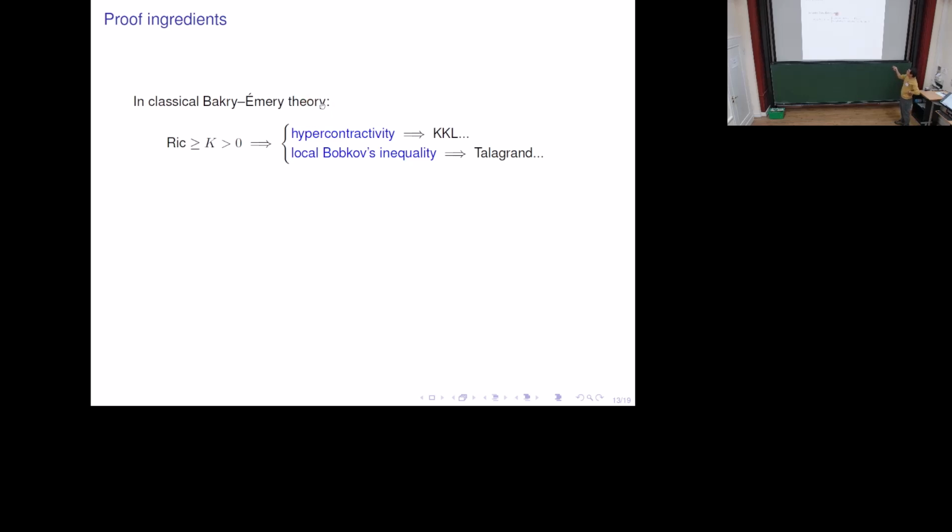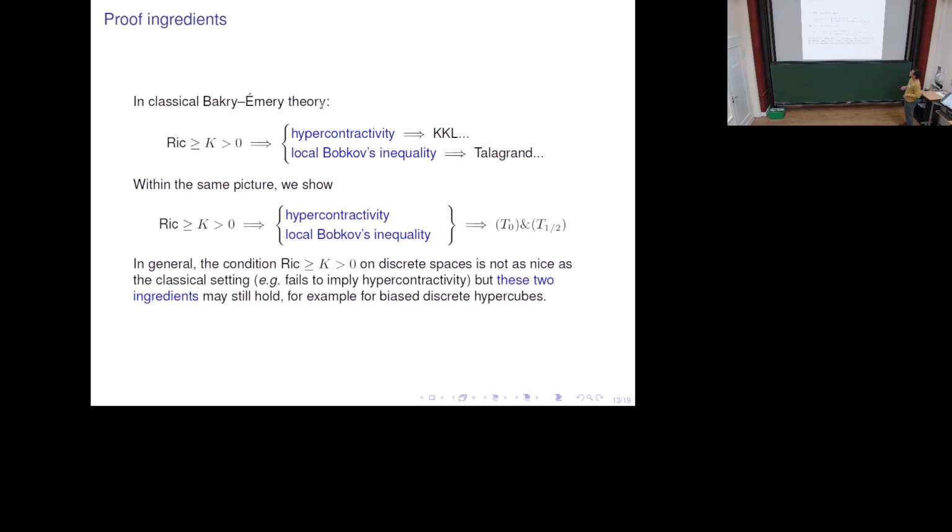Also, the Talagrand inequality can be seen from Ricci curvature lower bounds or from some Bobkov-type inequality, etc. So the two tightenings of the Poincaré inequality that we mentioned from the very beginning have already been generalized in this very general framework of Bakry and Émery, and our main result can be understood in the same spirit. Within the same picture, we prove something similar, namely this inequality with p = 1/2 also follows from the Ricci curvature lower bound in the same sense.